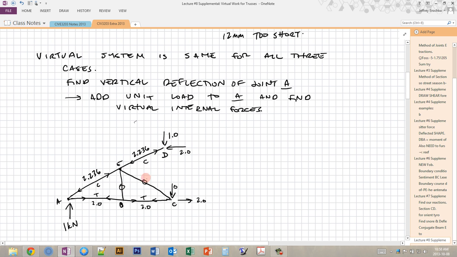So we have two zero force members here, and these are our reactions. On this side, the reactions are external loads, but since the deformations at that point are 0, because they're pins, then they're not going to contribute any work. So the only virtual external load that contributes work is this unit load that we've added here, that we've defined. So this is the virtual external force.